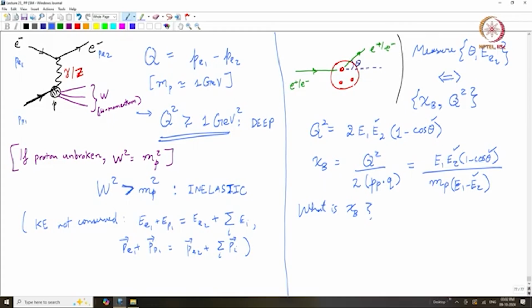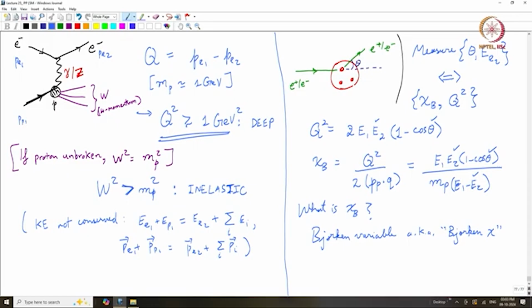It's called the Bjorken variable, named for James Bjorken, who unfortunately died very recently this year. It's also known as the Bjorken X basically. That is why I put the b. Not many people put that little b as a subscript. I like to put it to remember Bjorken.